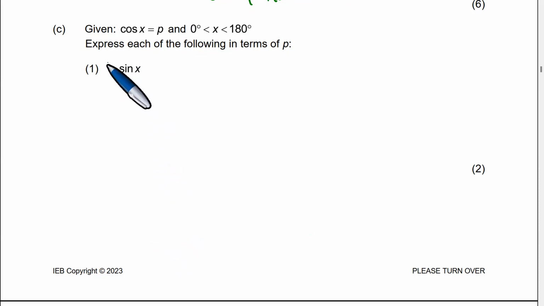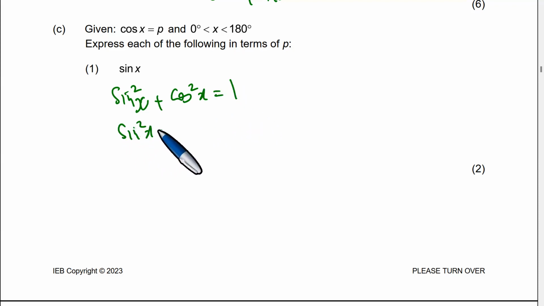Right, so this one here, there are a couple of ways to do it, but because you've already been given cosine x equals p, you can use a diagram, but you can always remember that sine squared x plus cosine squared x is 1.